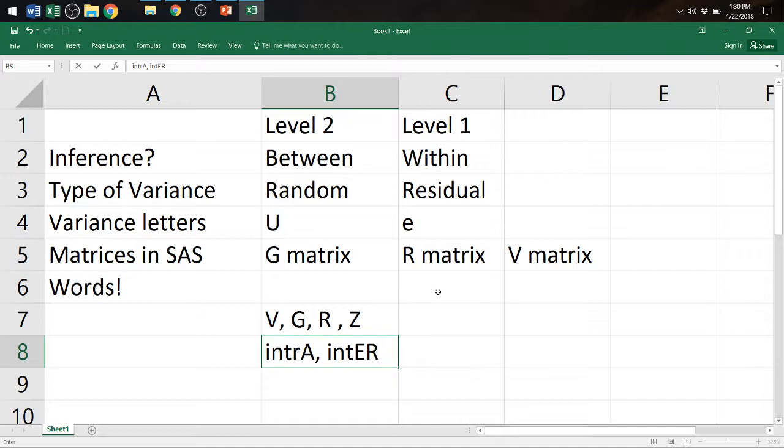Inter, and then depending on the context of the study, inter-individual, interpersonal, inter-school, right? In the same way that between works for everything, inter works for everything. What goes after that? You can put in variance, variation, differences, whatever, right? Those are more or less synonymous.